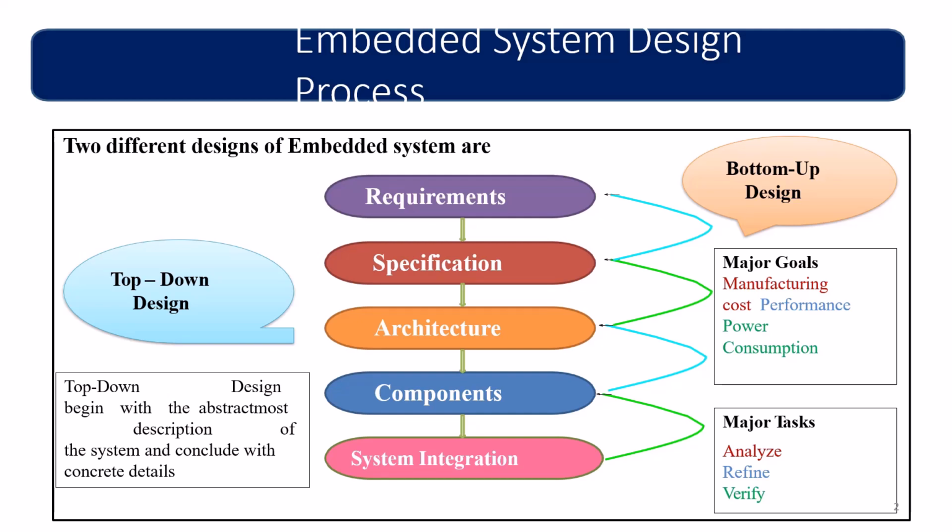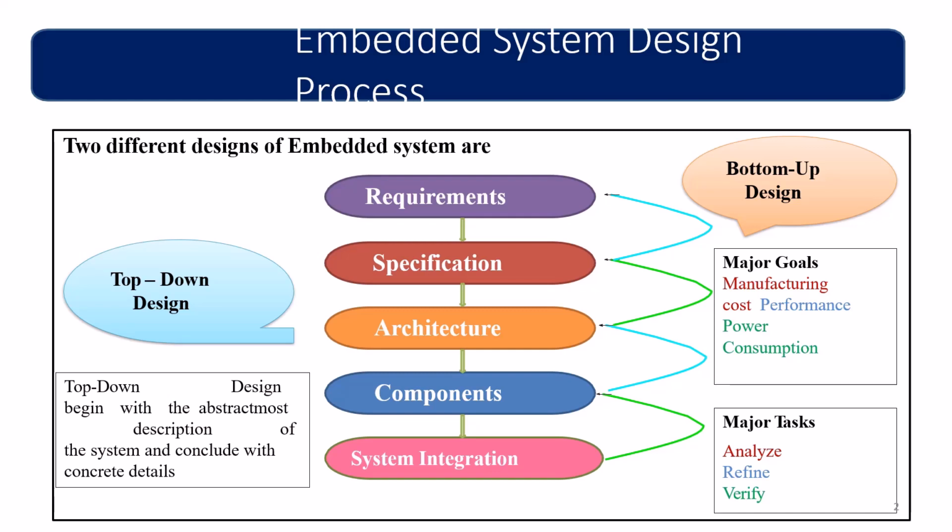Then you have to collect the requirements of the product, and then move on to the specification of the requirements, and develop an architecture for your requirements. Then the components, which may be the hardware part or software part. You have to integrate the software part and hardware part in the system integration. Finally, you will get the product. If you follow this, then we can call it a top-down design process.